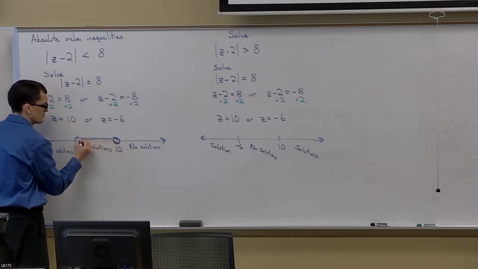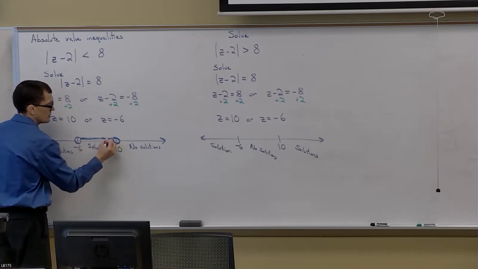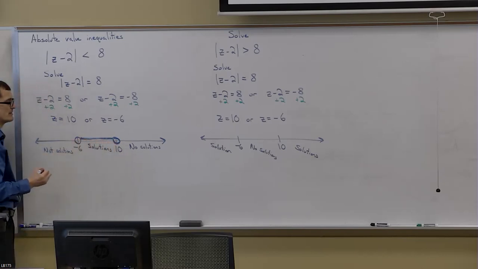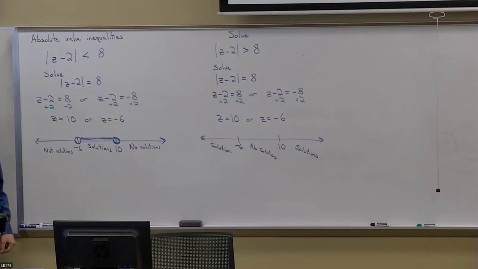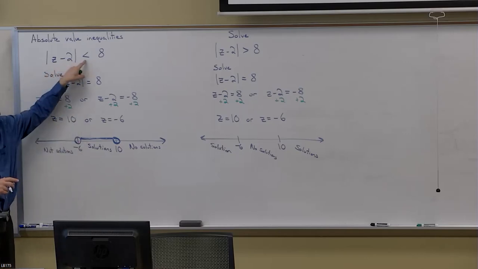And since the solutions are in the middle, I'm going to shade that middle region. Also, could I have plugged in a negative 6? No, because negative 6 would have given me an equal sign, and equal is not allowed here. Only less than is allowed.